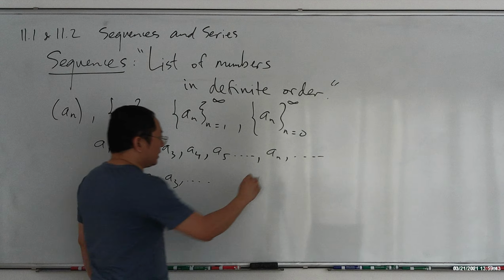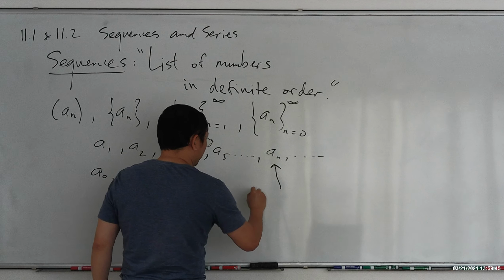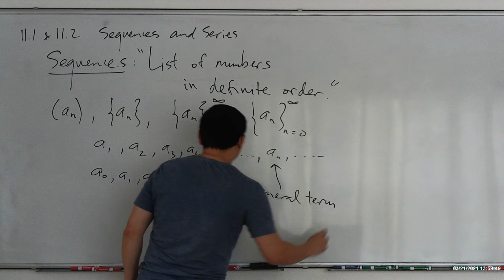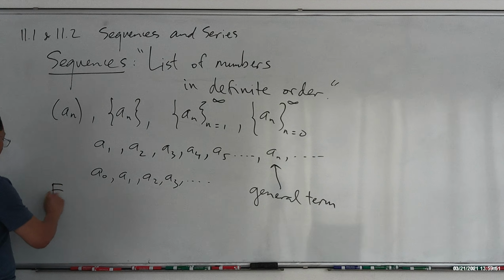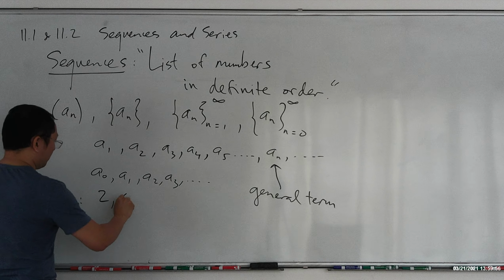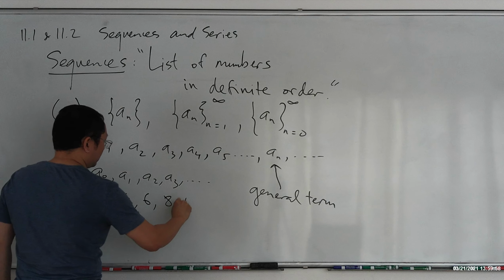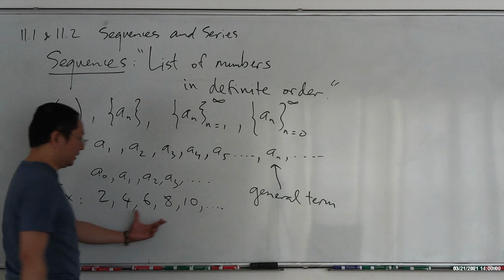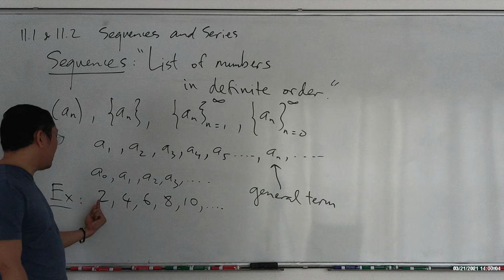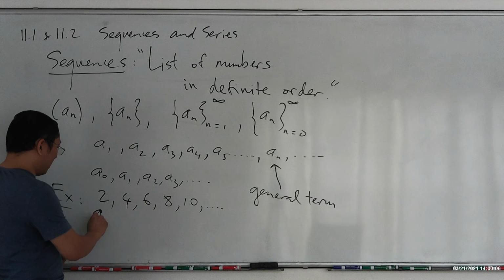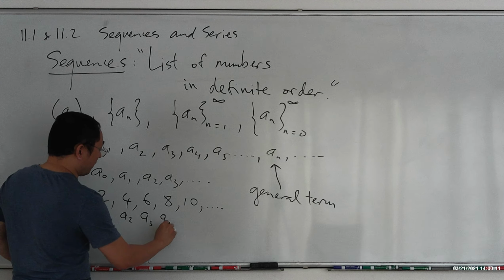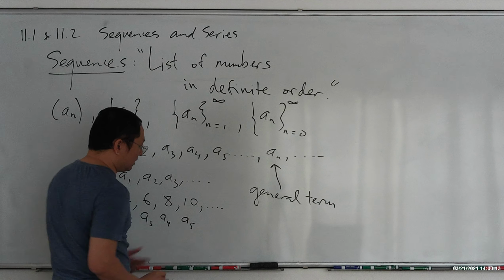And this a_n term right here is called the general term. For example, this is my sequence: 2, 4, 6, 8, 10. If I start counting from 1, this is a1 equal to 2, this is a2 equal to 4, a3 is 6, a4 is 8, and a5 is 10.